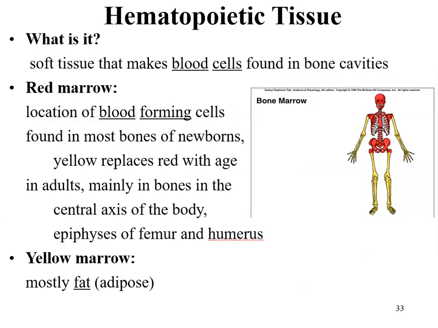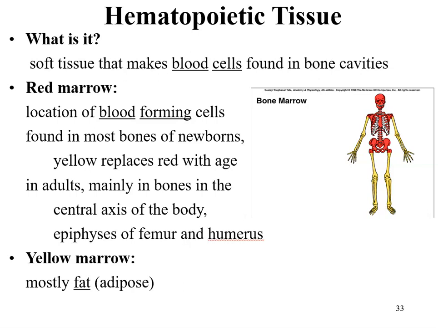Lastly, a note about marrow tissue. Hematopoietic tissue is tissue that leads to blood cell formation. This takes place in the red bone marrow. When we are born as newborns and infants, our bones are pretty much all filled with red marrow.